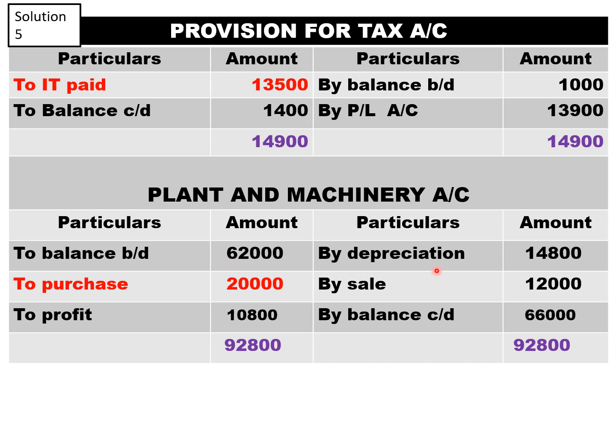Then by depreciation given in adjustment on sale of plant 14,800. Then by sale of plant 12,000. To profit 10,800. Profit comes in debit side because in the PL account it will come in credit side. Then closing balance. Then you get a differencing answer 20,000, which indicates it's a purchase of plant and machinery.